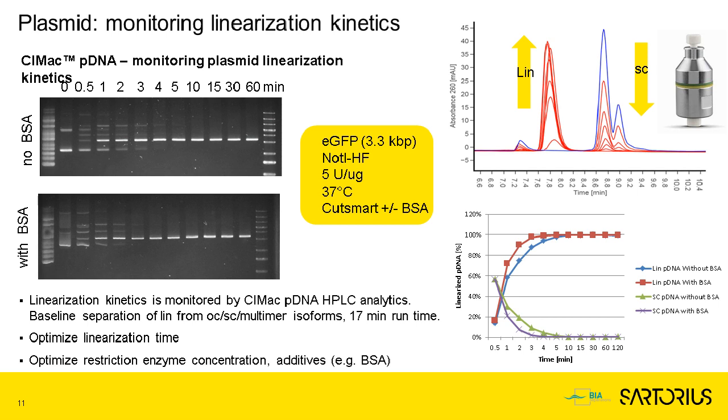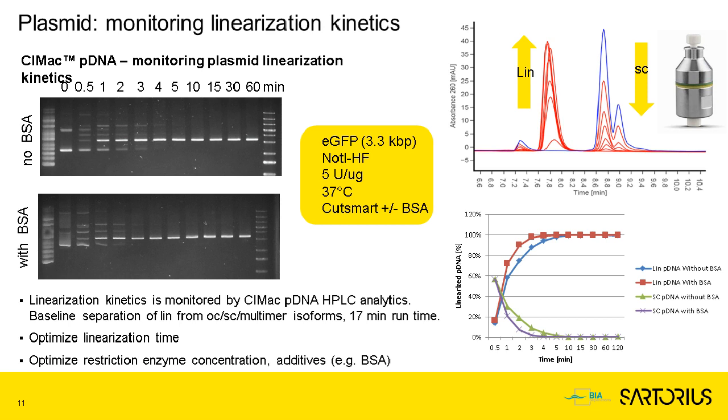In fact, this is one of the critical steps from the point of view of production process to understand the linearization kinetics. What's the minimal concentration of enzyme that's required to linearize a certain mass of plasmid? And while agarose gels or capillary electrophoresis are useful, they're not easy QC tools to use or interpret.